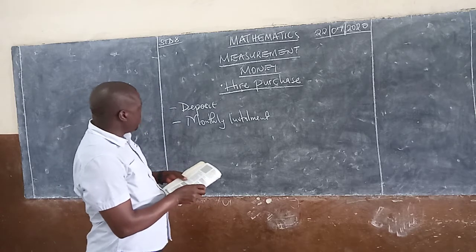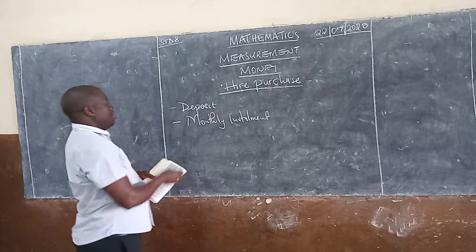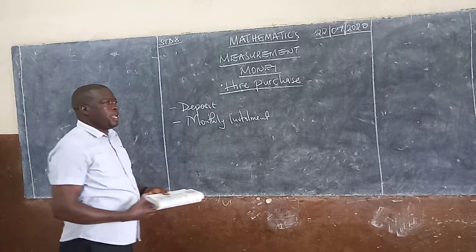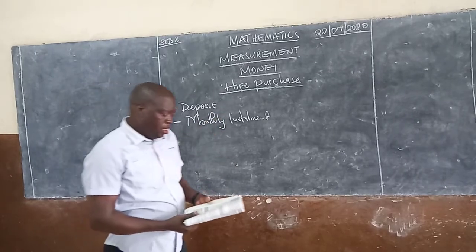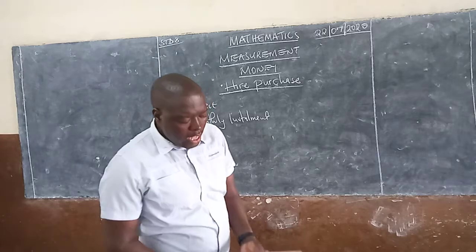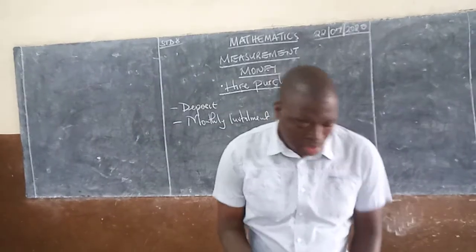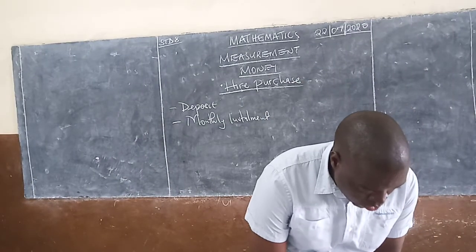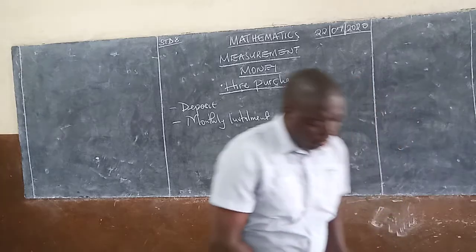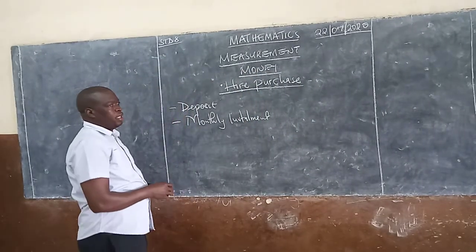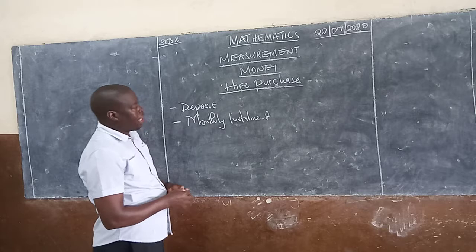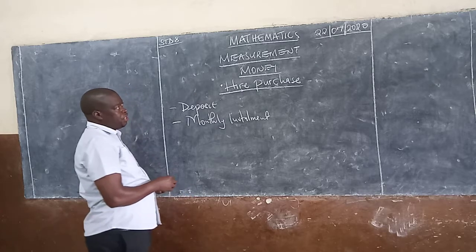The deposit is the money paid first before one is allowed to take the item. I will take you through examples to see how we can calculate the hire purchase.